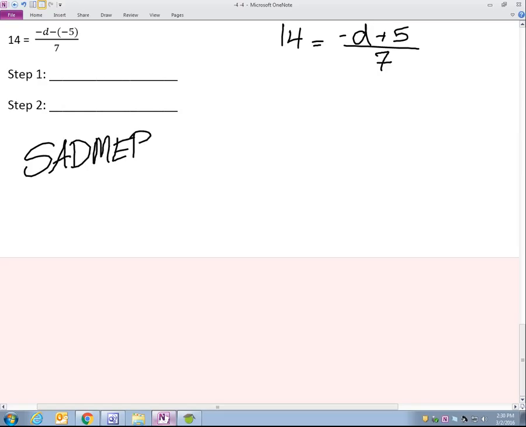Do we have any subtraction here? No. Do we have any addition here that we can use? No, because it's the inferred parentheses, right? How about division? Yes. So we have to do the inverse of division, which is multiply.